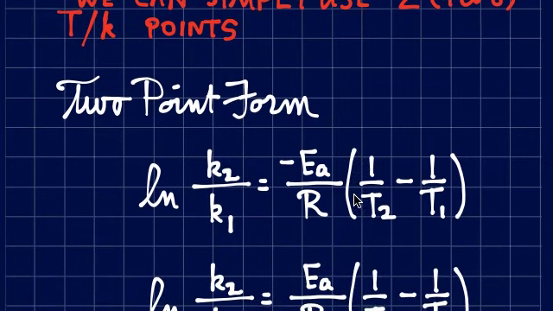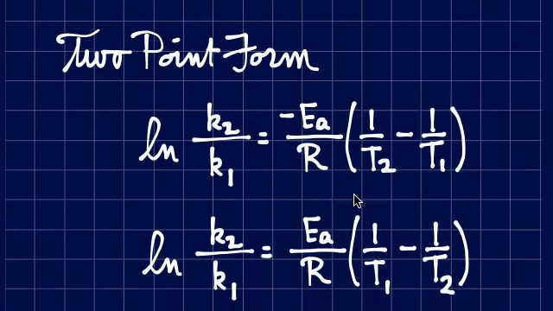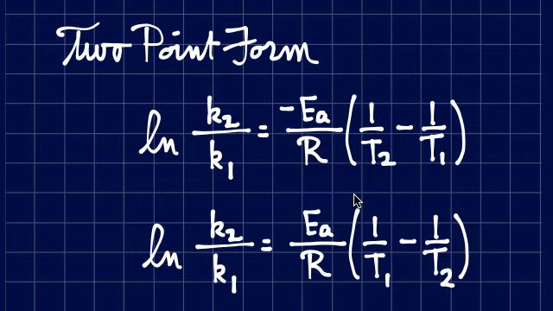This is easy to derive from the general Arrhenius equation, comparing point 1 and point 2, using properties of logarithms. And the nice thing is this gets rid of that A term. So that allows me to find the activation energy from point 1, T1, k1, and point 2, T2, k2.